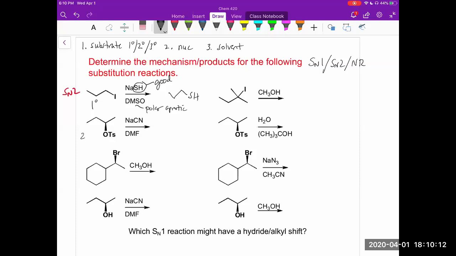This one, I've got a secondary substrate. CN, decent nucleophile. DMF. What kind of solvent is DMF? If you look at your sheet, that sheet that lists all the solvents.